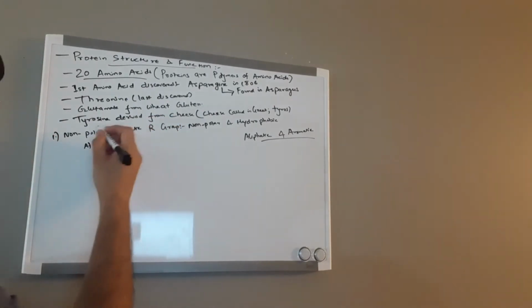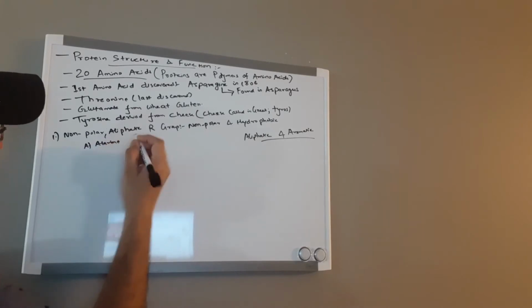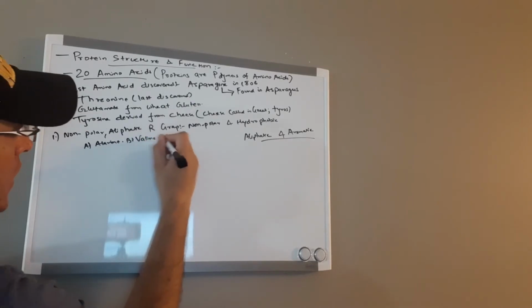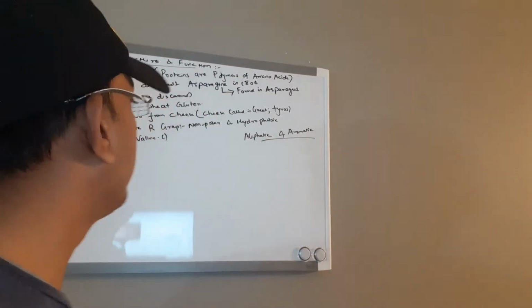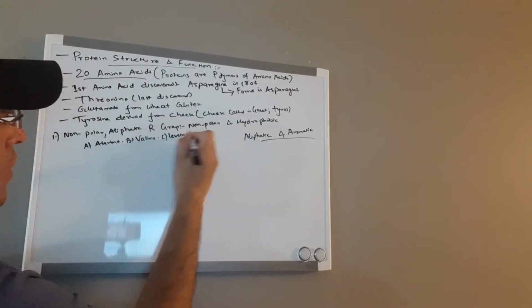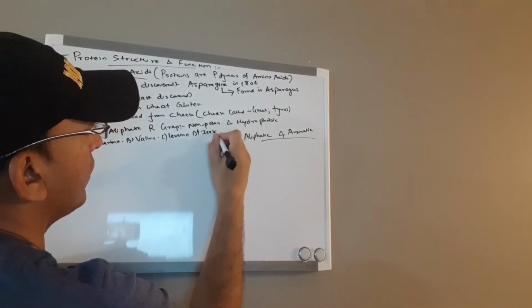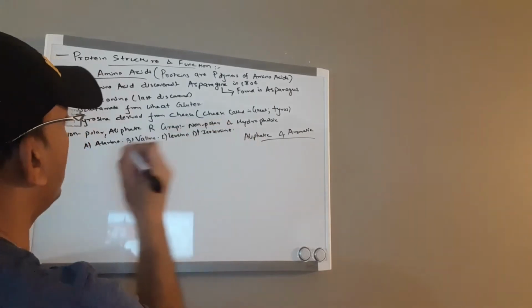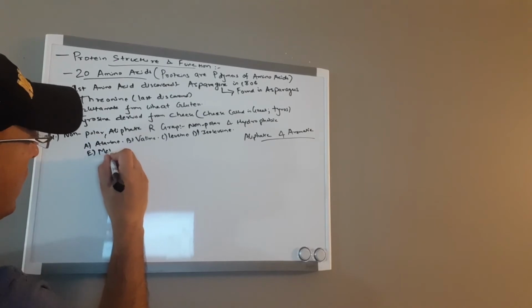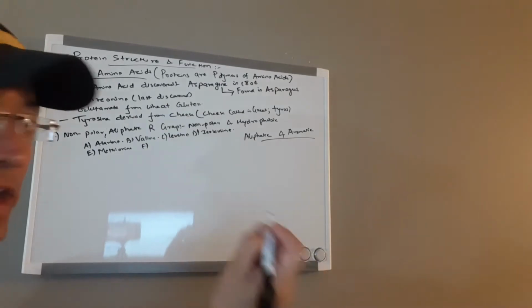They are alanine, valine, leucine, isoleucine, methionine, and there is proline as well.